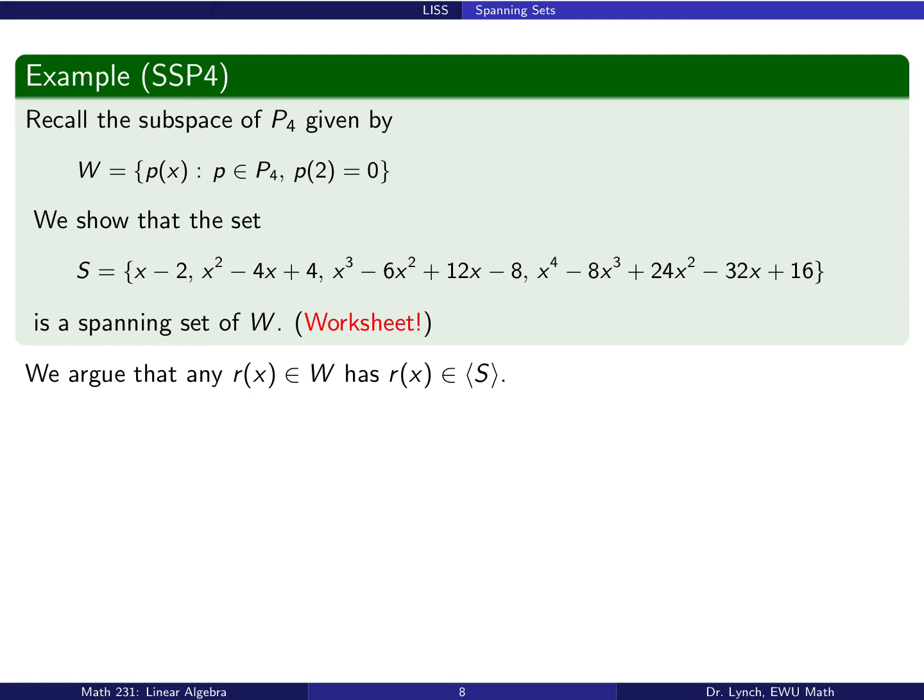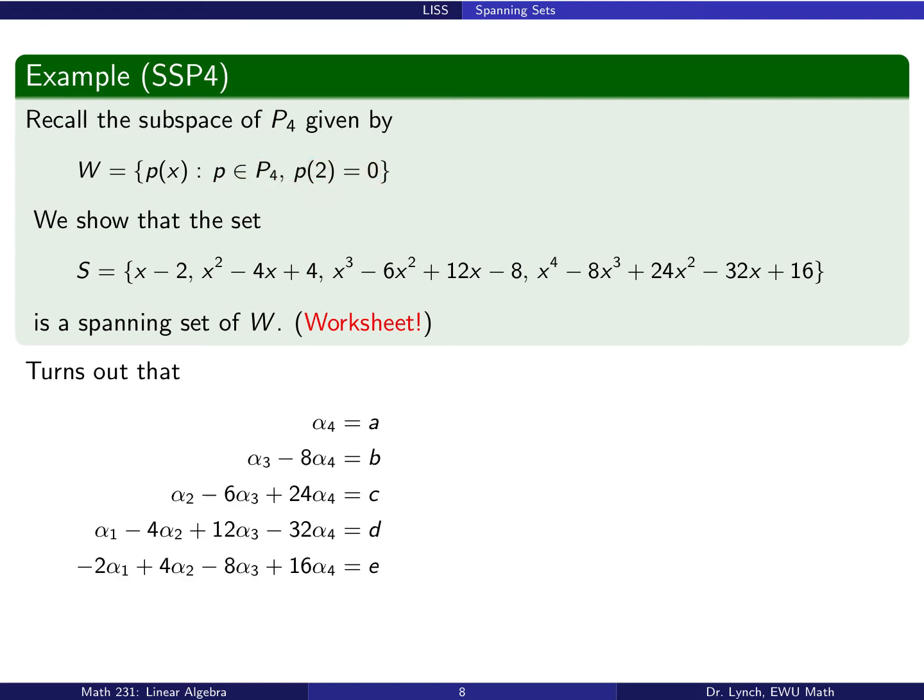So whatever R does, it follows the rule to be in W, and the rule to be in W is that when we plug in 2 to R, we get out 0. Okay, so R is an arbitrary element. Maybe R is something like ax^4 + bx^3 + cx^2 + dx + e, right?